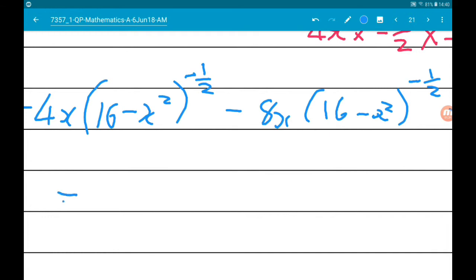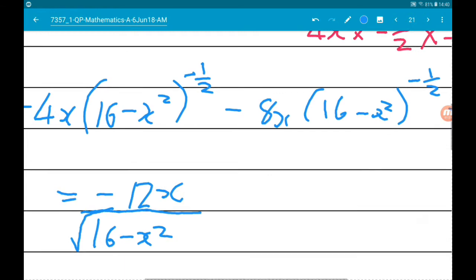So we can simplify that to minus 12x times 16 minus x squared to the minus a half, which means over square root 16 minus x squared.